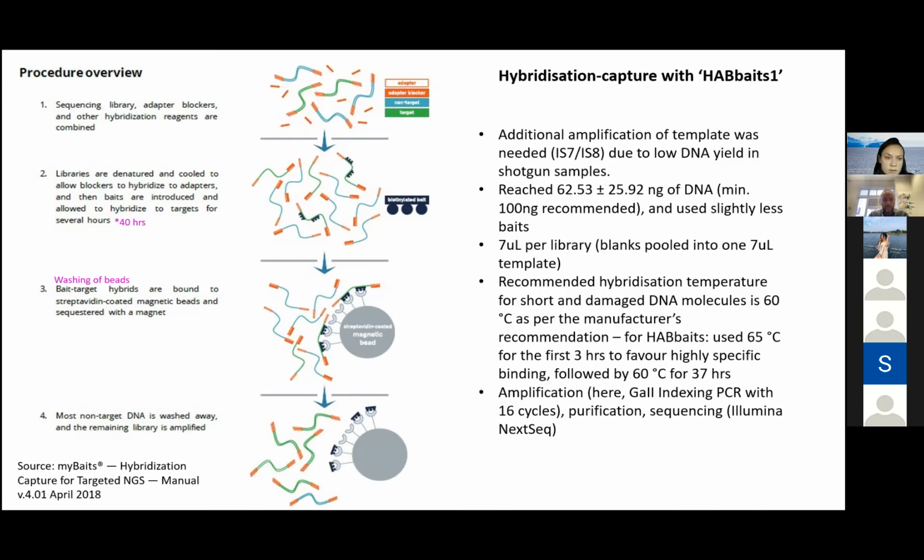After the hybridization capture reaction is done, the libraries get amplified again, and then they get sent to sequencing. And what we did in this case with the dinoflagellate baits was Illumina sequencing again, our NextSeq run.